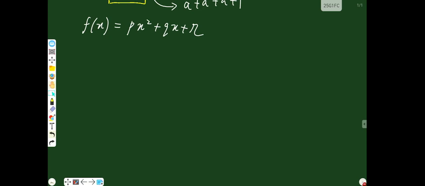Now in quadratic functions, we have an important thing called factorization. So first of all, we will understand what is factorization.